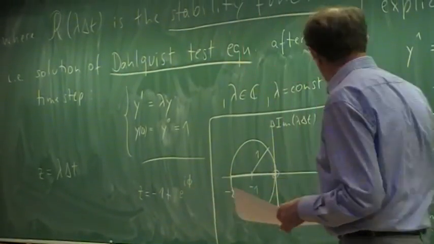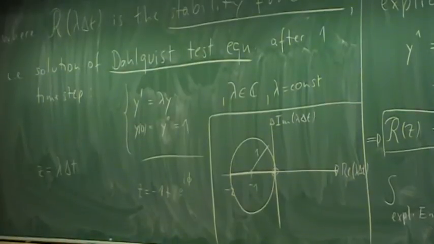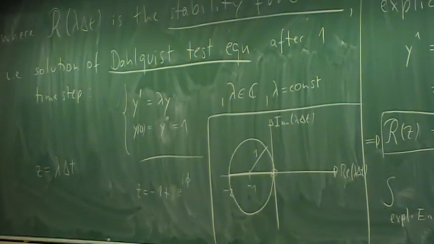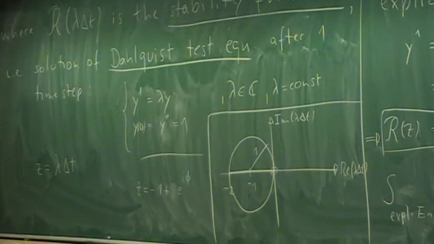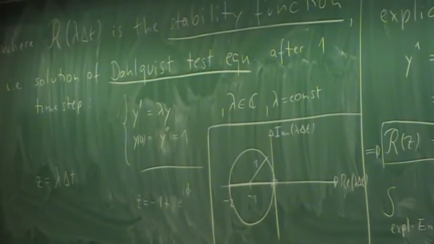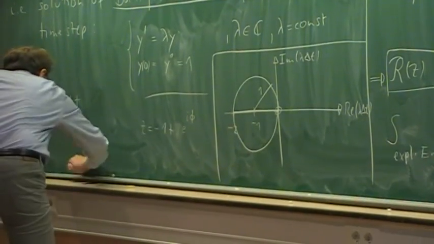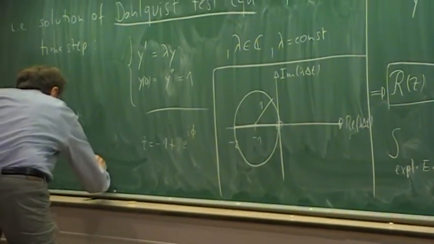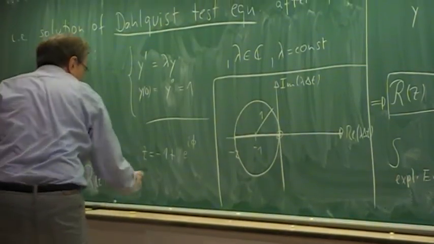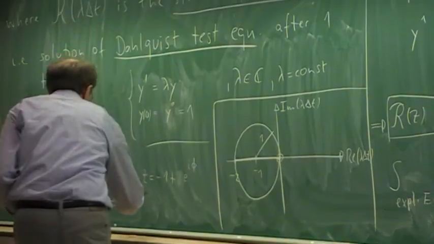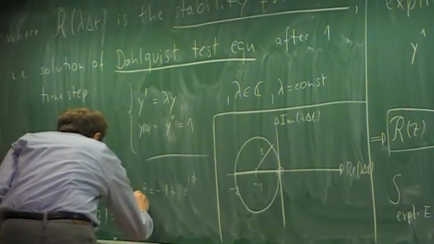And if we plug that in here, then we get 1 minus 1 is 0 plus e to the I phi. So then, in our case, we get that the r of z, of this z, is simply e to the I phi.